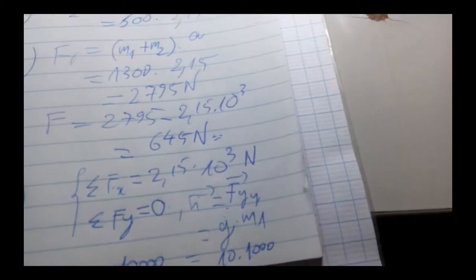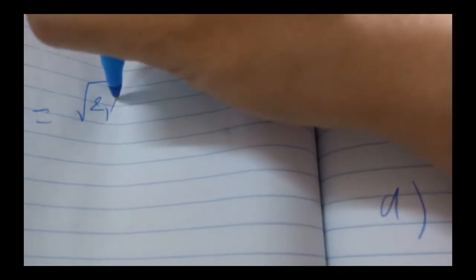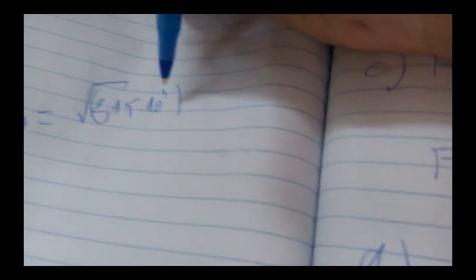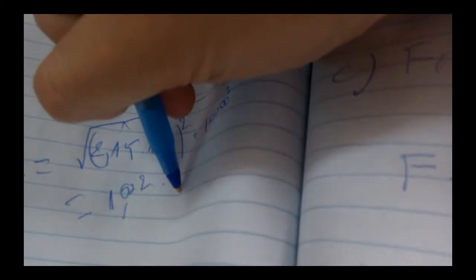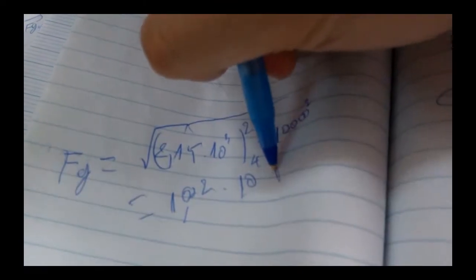We need to find the force of the car on the ground, so we use vectors. F will become this: square it up, plus 10,000 squared, square it up, and the answer will be 1.02 times 10 to the power of 4. Here's our answer.